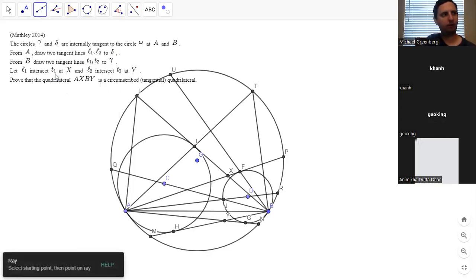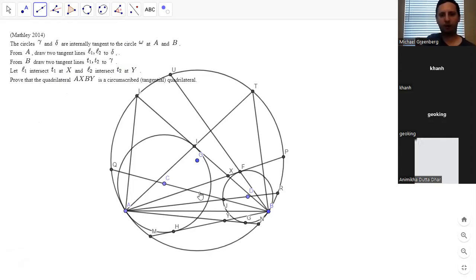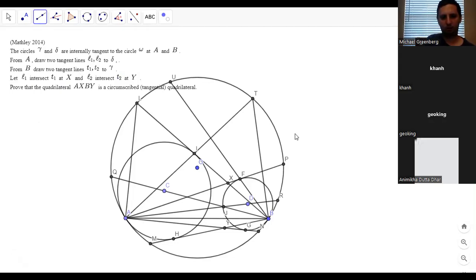But I feel like I need to draw a couple of circles. So the circle of BML, maybe. And the circle of ANL.